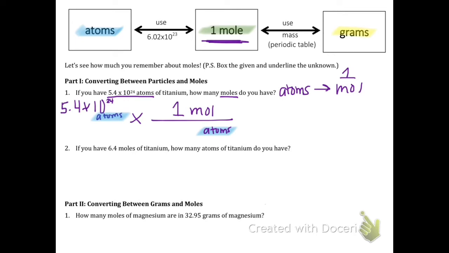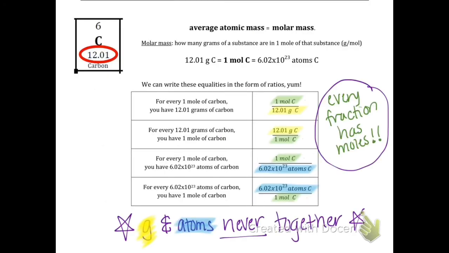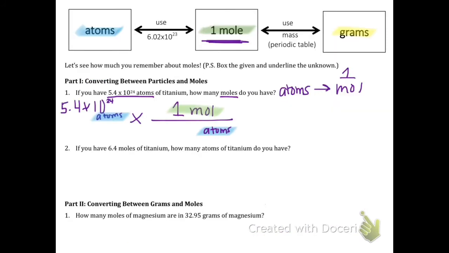And remember, this is our next step right here. Now, atoms, what number always goes with atoms? Well, we know that every time you see atoms, you're going to use Avogadro's number. So you're going to write 6.02 times 10 to the 23 like this. When your top matches what your question asks, that means you are done with the problem.